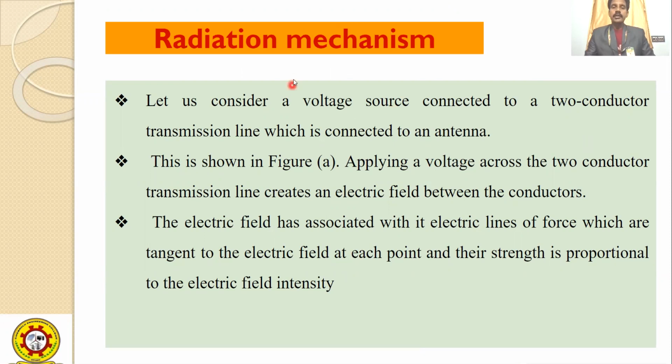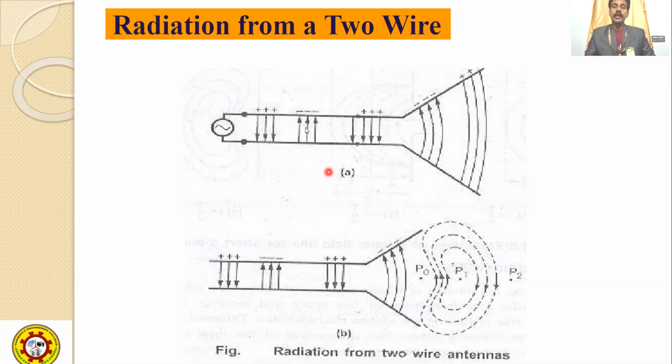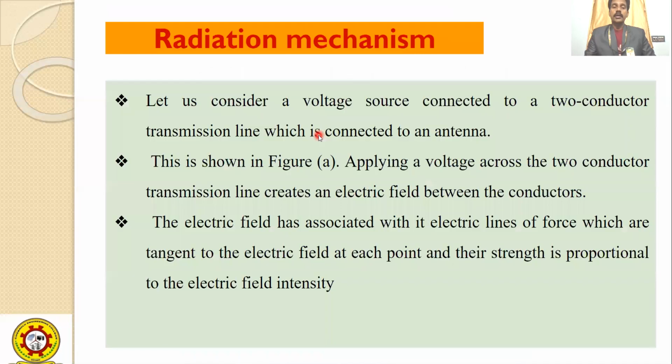In the previous slide, we had a voltage source connected to the transmission line. When the voltage source is connected to the transmission line, it is able to create an electrical field between the two conductors. That is already explained here. These are the electrical field lines, which show their journey from positive to negative and vice versa.